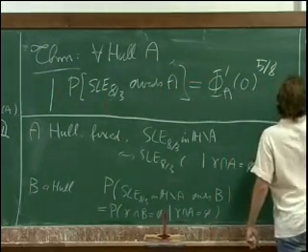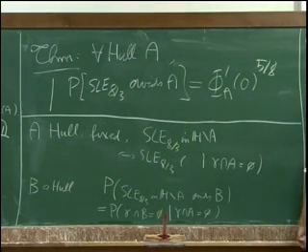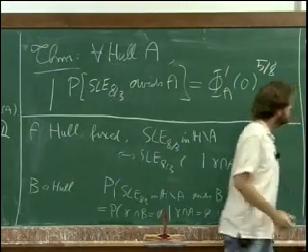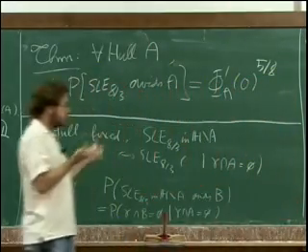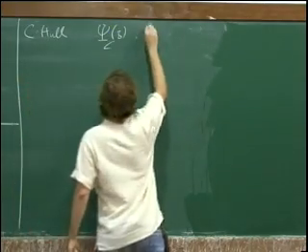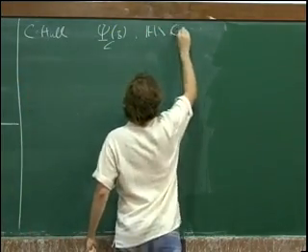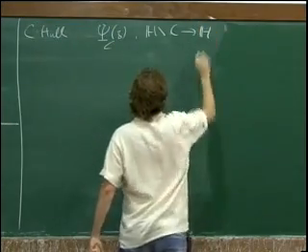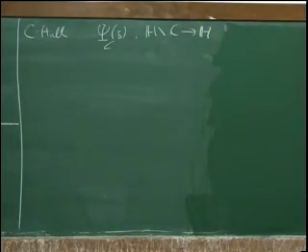If C is a hull, I will denote by big psi_C of z the conformal map that removes C from the picture, that maps H minus C back to H. And it's normalized in a different way.